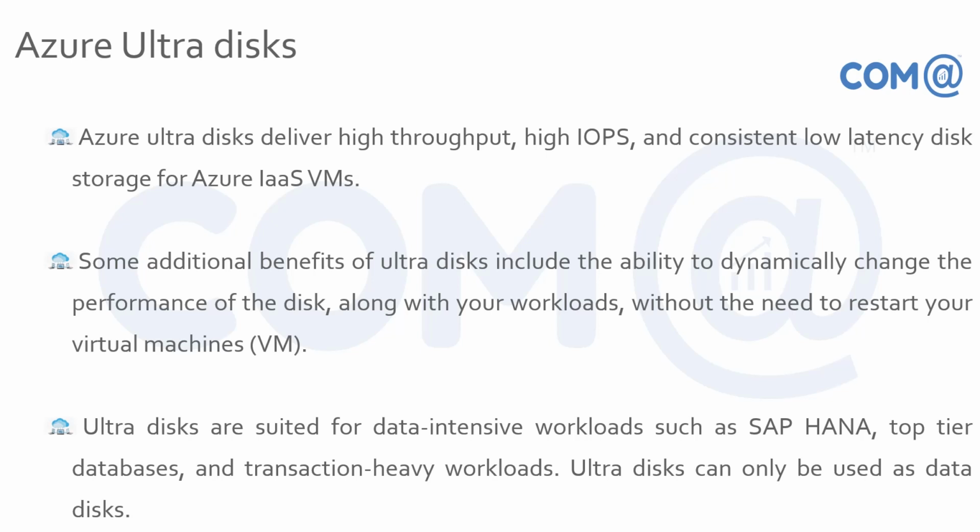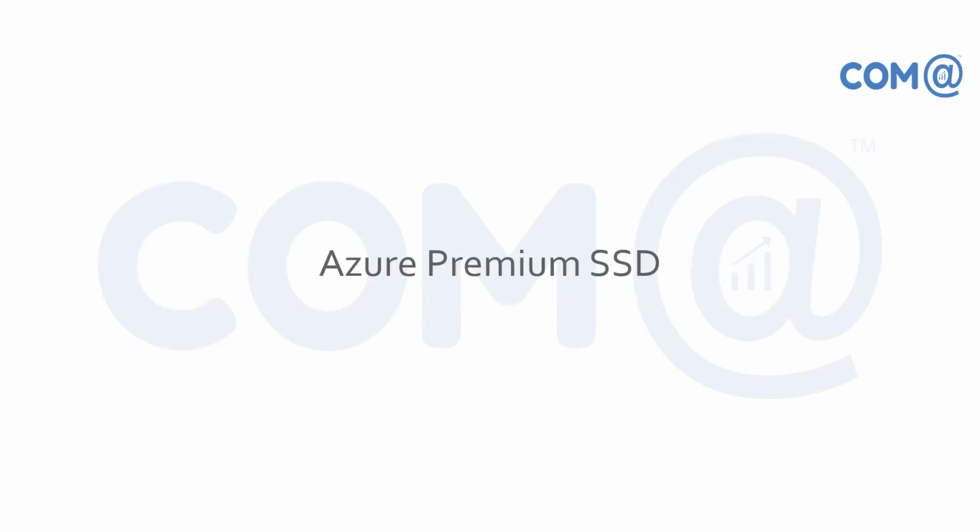And Ultra disks are suited for data intensive workloads such as SAP HANA, top tier databases, and transaction heavy workloads. So Ultra disk can only be used as a data disk. Ultra disk cannot be used as the operating system disk.